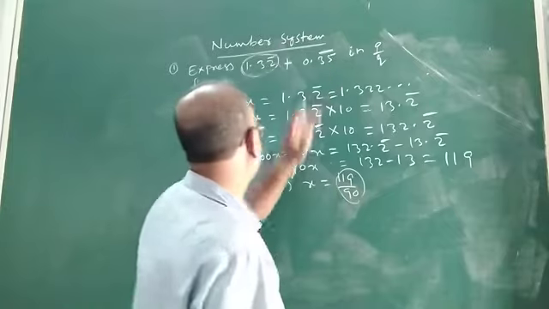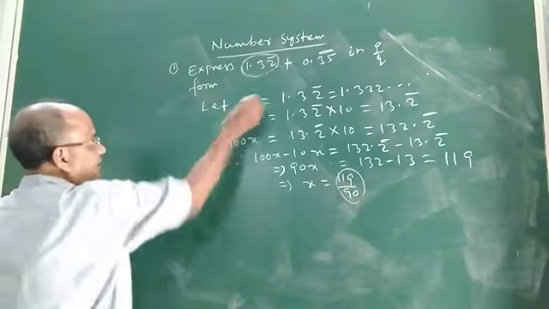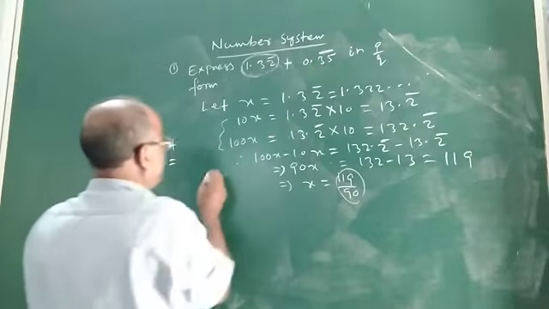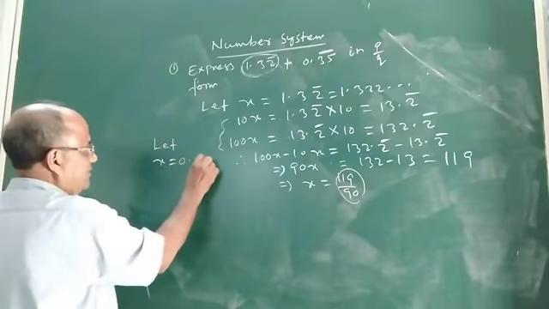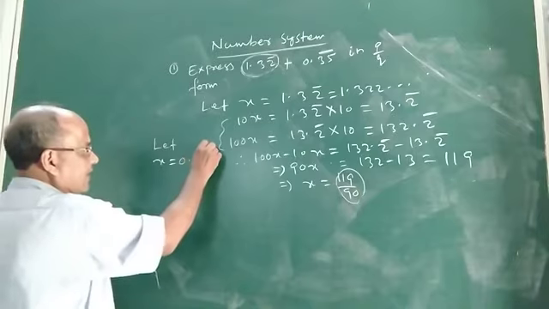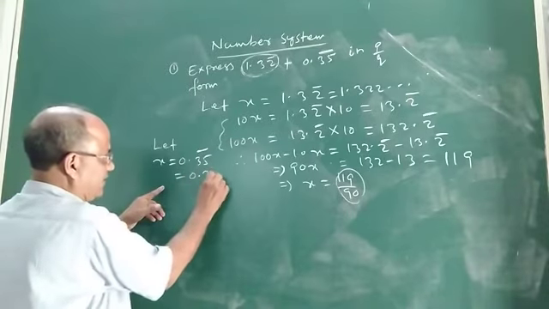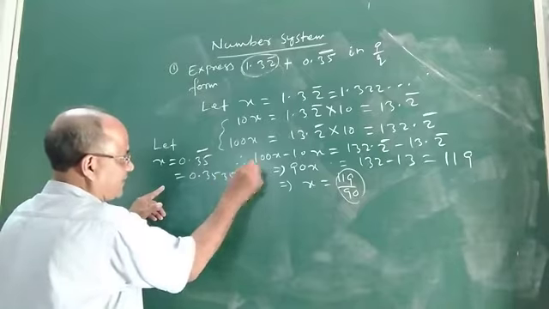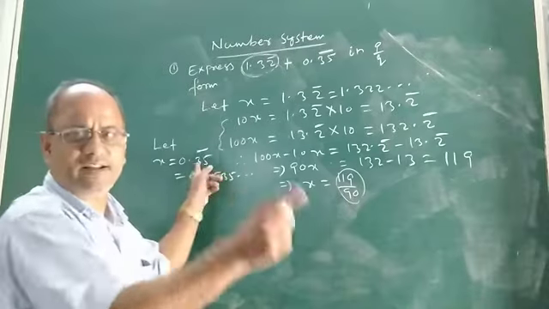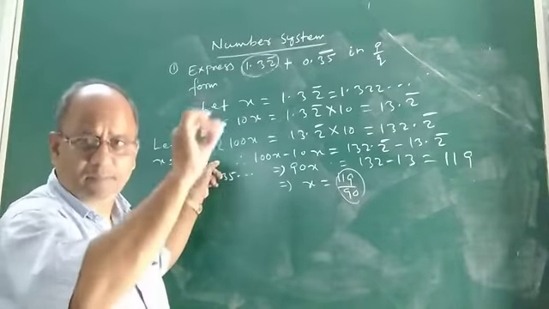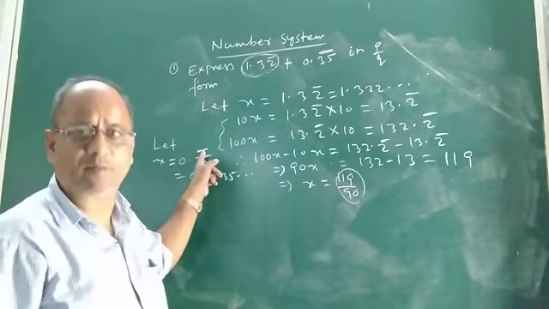Now let us express this one. Again let x equal this pure recurring decimal, that is 0.35 bar. That means it is 0.3535... Both the digits 3 and 5 are getting repeated. Look at the bar: the bar is given on the top of two digits.